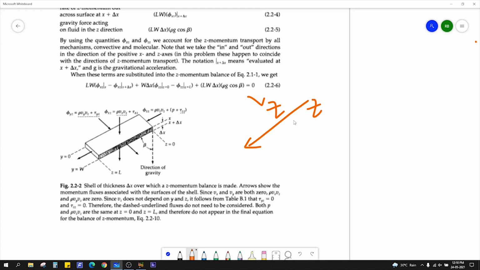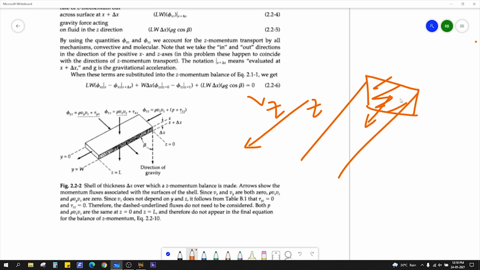If you consider this cross section, the entry point, this is nothing but the z plane. What is the normal to this area? That is the z direction, and the flow direction is z, vz. So dvz by dz is the gradient, because this is the normal direction. So we have taken phi zz for this case.